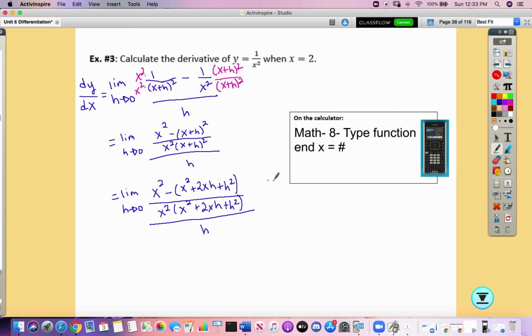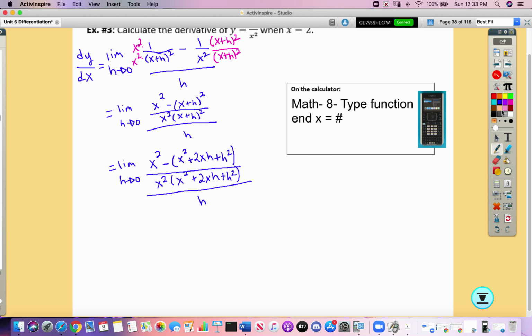So I'm going to expand this a little bit further. I know, you're like, how far can one problem be expanded? This is about as crazy as it will get. So I have x squared minus, I'm going to distribute this negative. So I'm going to get minus x squared, minus 2xh, minus h squared.